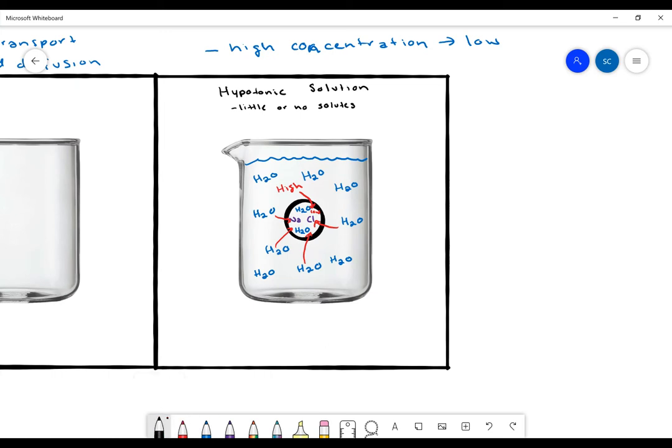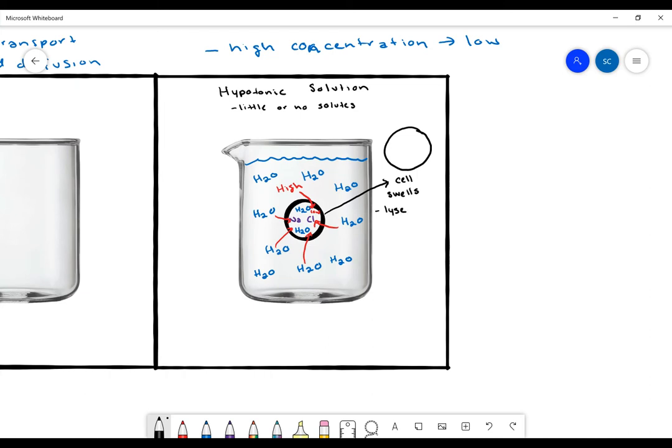And what that looks like for your cell is your cell is going to expand. So it's going to become much larger. So the cell swells or expands. Another word that we can use for that is it lyses.